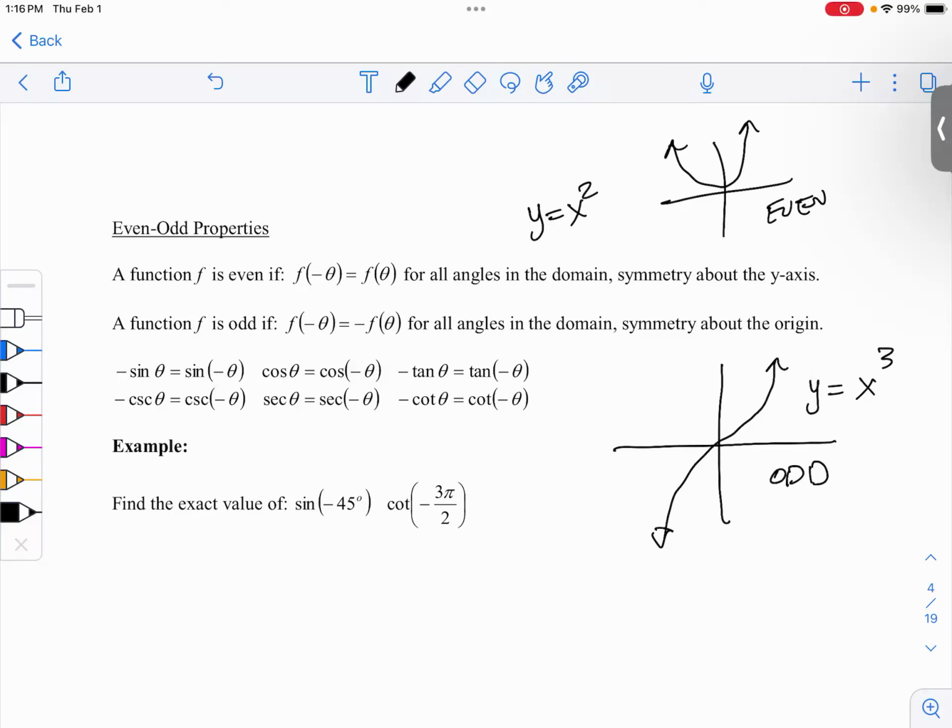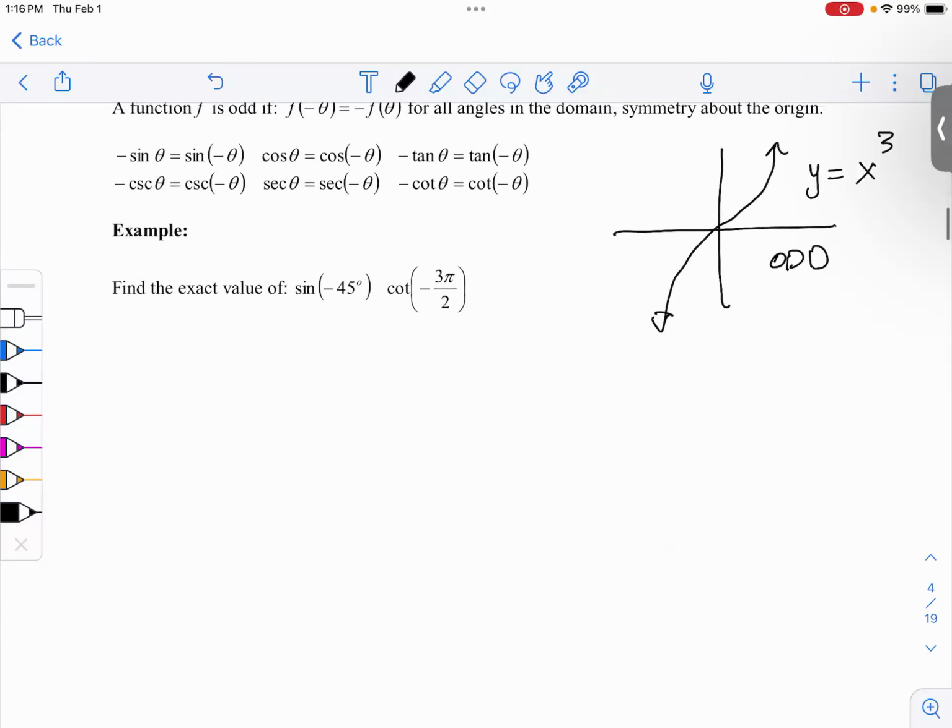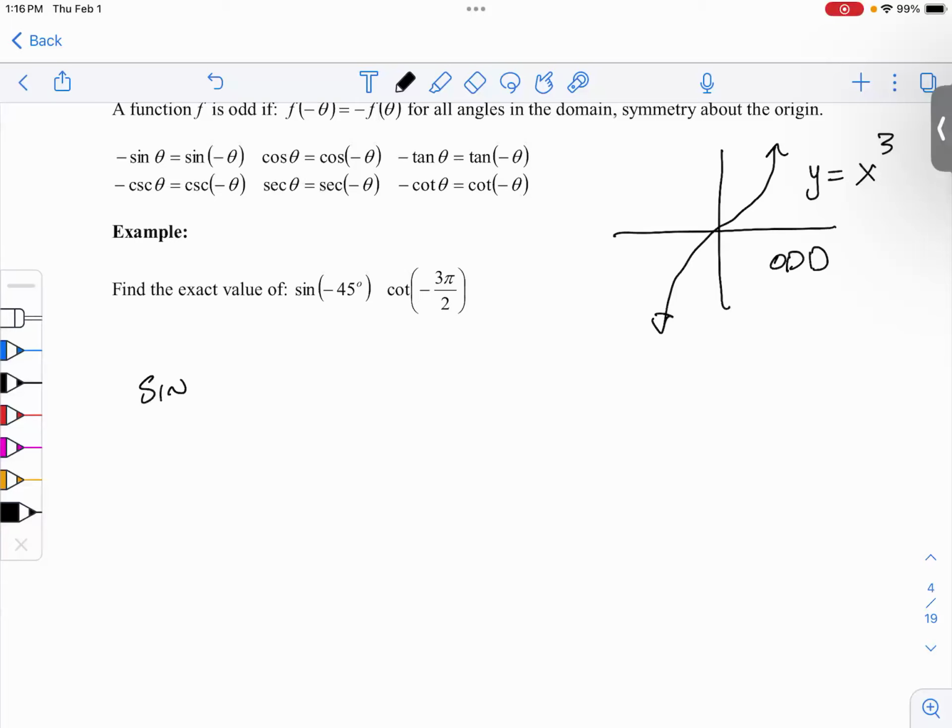If I graph negative 45 degrees, I know the reference angle is 45 degrees, and then I would just determine the sign of the trigonometric function. There are lots of ways to do it. Even and odd is really nice because the negatives are always something that annoy us.